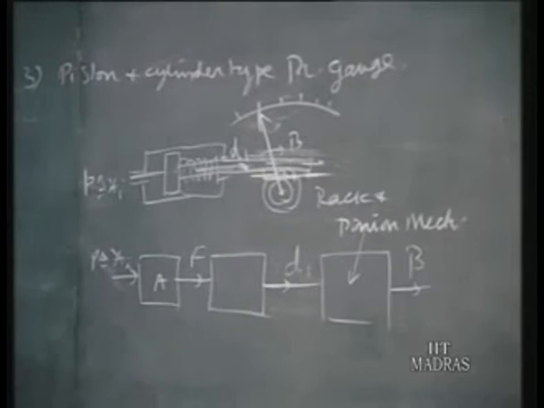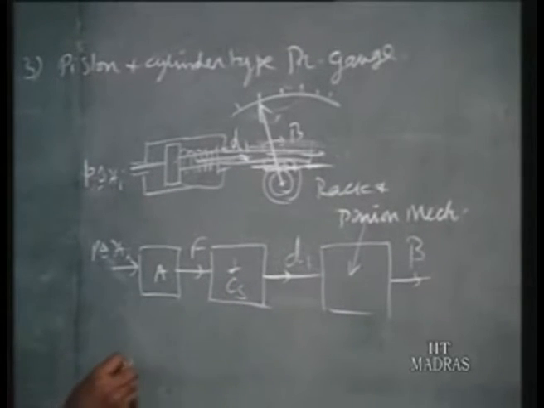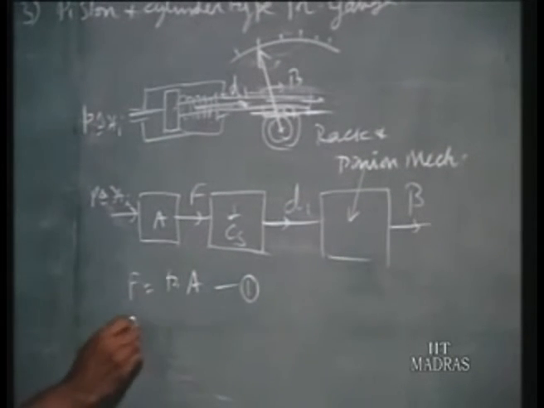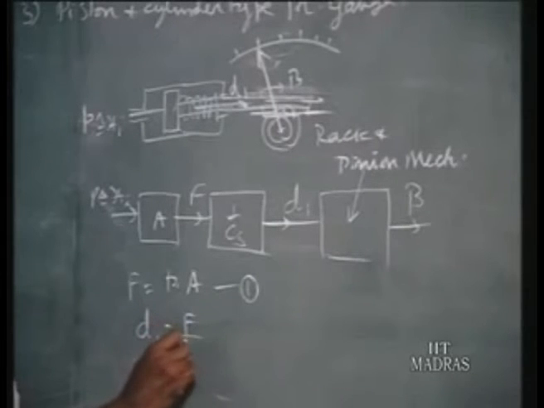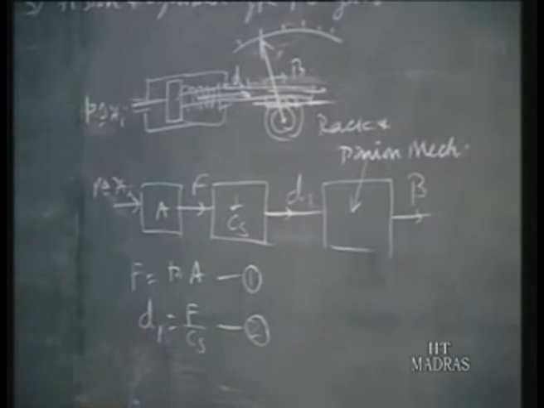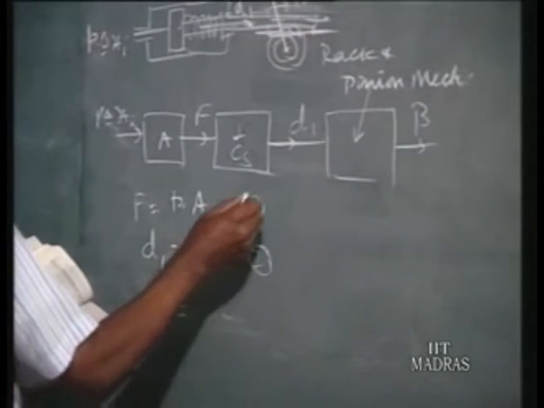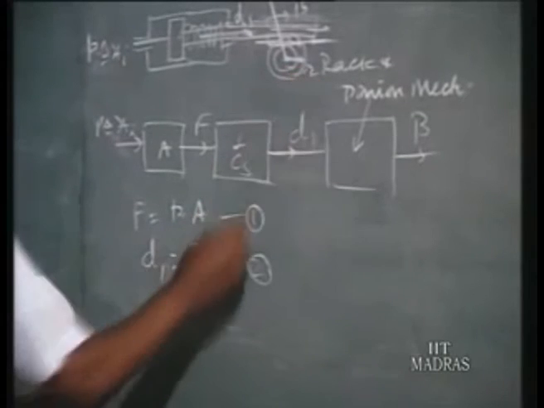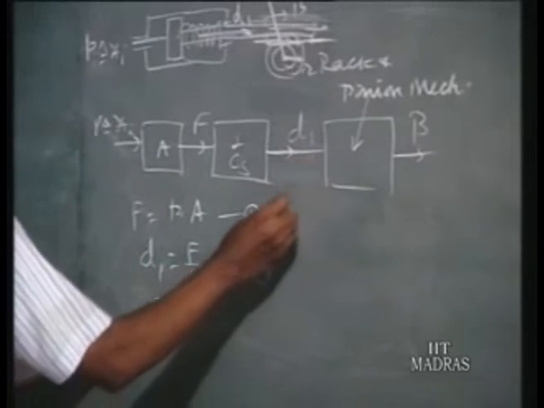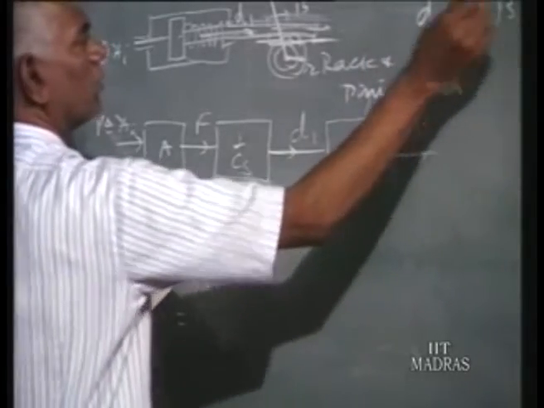And again we draw the signal relation for each block. This is our 1 by Cs, the spring. So the first equation is F is equal to P into A. This is equation 1. For the second block, D1 is equal to F by Cs. This is the second signal relation. Then beta: if you call the pinion radius R, then D1 is equal to R into beta.